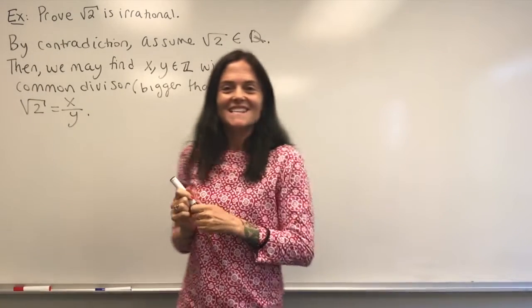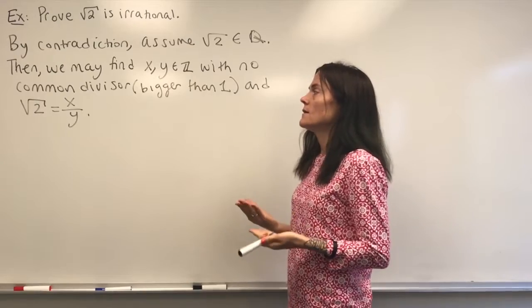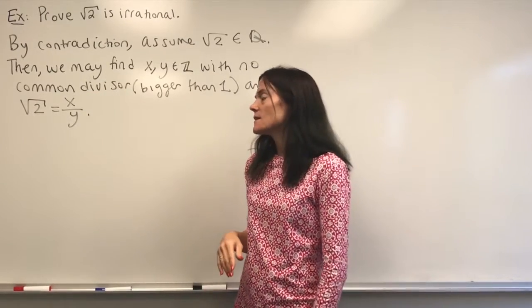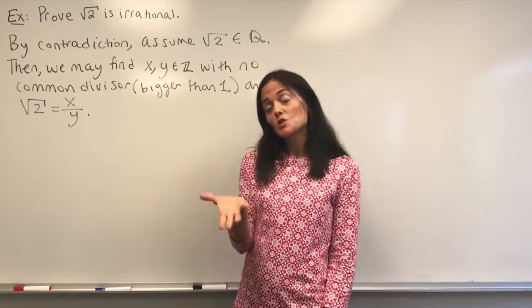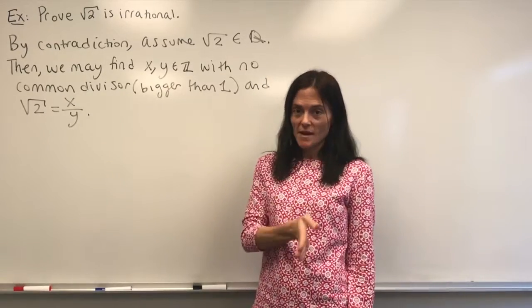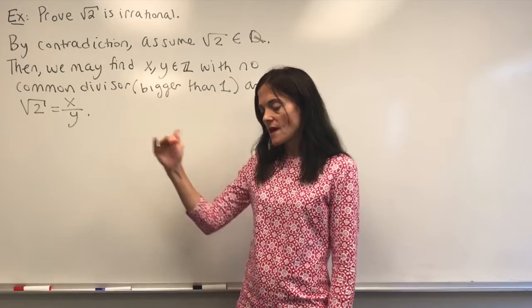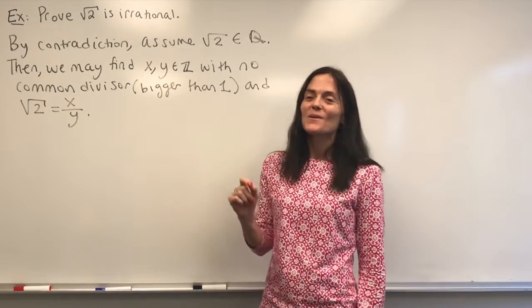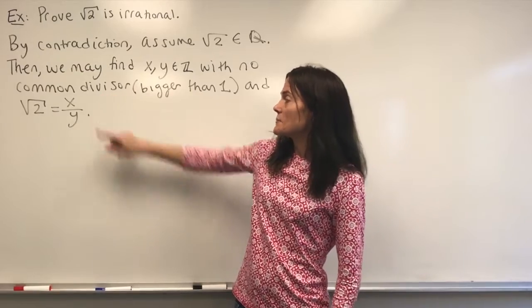Sometimes you will see this as writing the square root of 2 in lowest terms. So for instance, we would not have 2 over 4 in lowest terms, it would be 1/2. We would not have 7 over 21 in lowest terms, that would be 1/3, etc. That's what I mean by this.